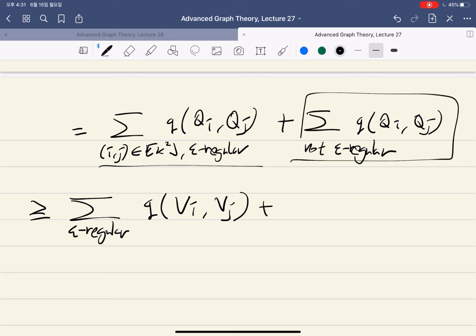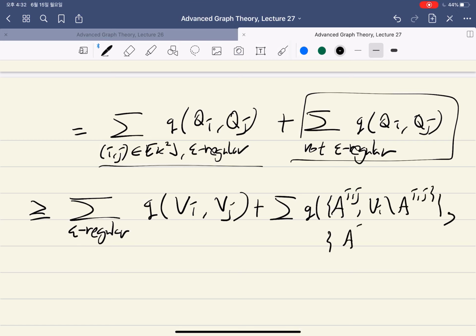And then this is not epsilon regular. It's partitioned into many parts, but those parts are a refinement of this Aij, Bi minus Aij, and then Aj, and Bj minus Aj.